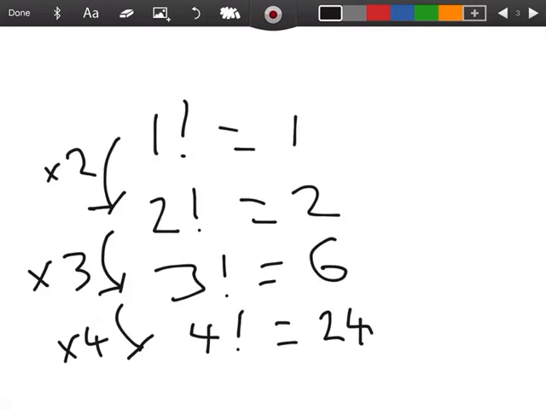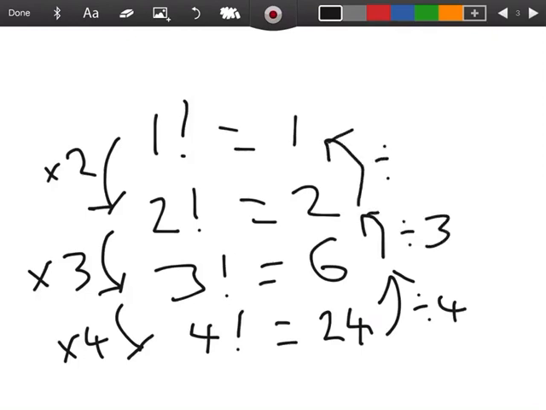And to work backwards, pretty simple, we just divide by 4, then divide by 3, then divide by 2. But who says we have to stop there? Right?